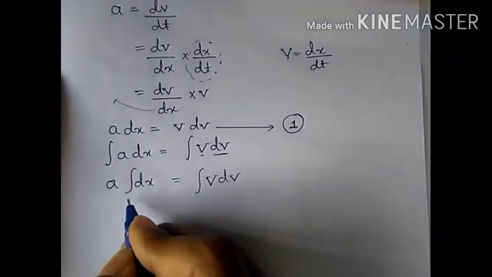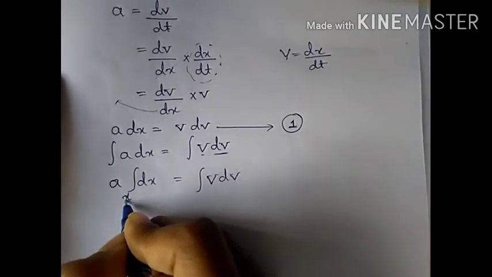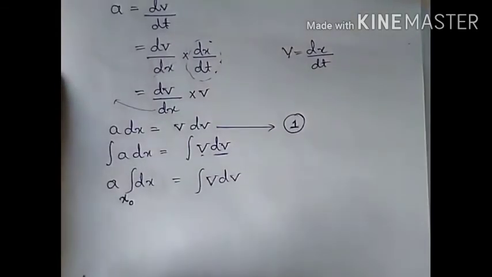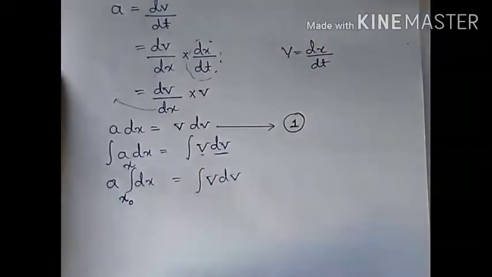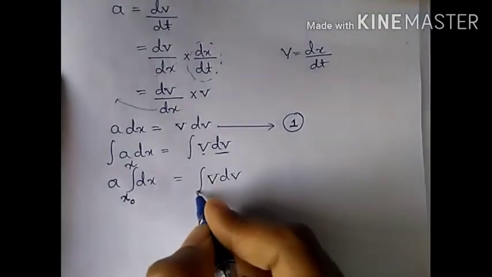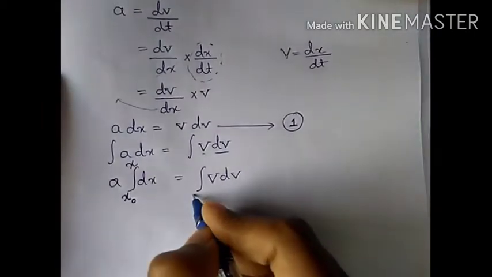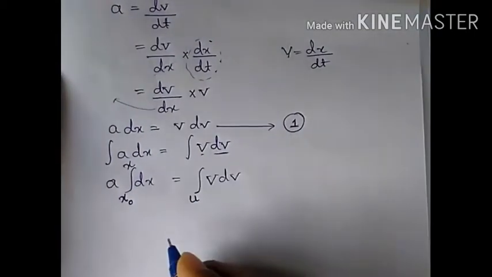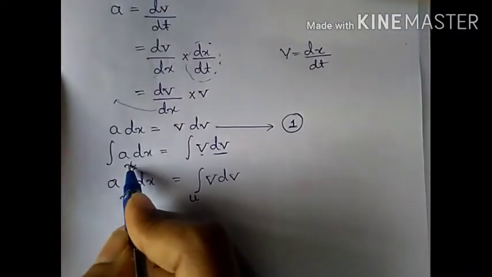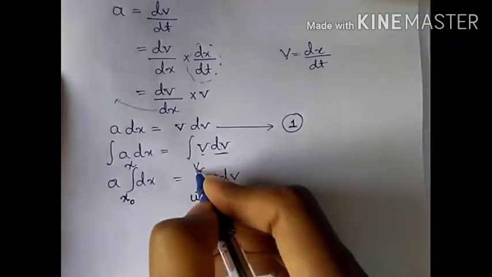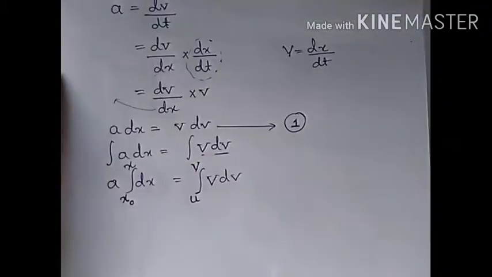The proper limits for x would be: the body is starting from x0 and it has reached the position x. Initially the body has velocity u, and finally when it has reached the position x, the velocity of the body was v.